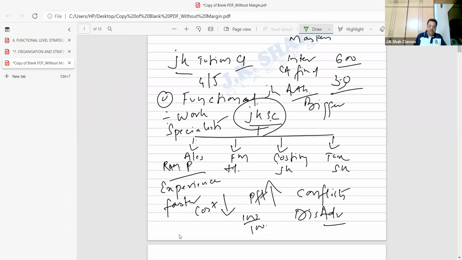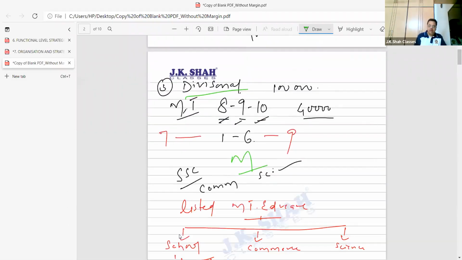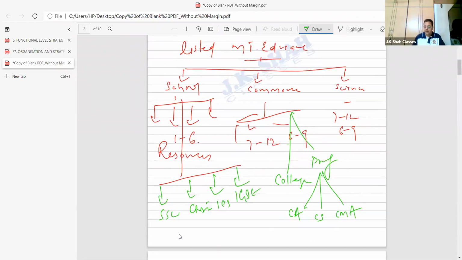Okay, functional, if you have written, students, note down this: divisional structure, divisional and multi-divisional, also understood? Okay, pay attention now.